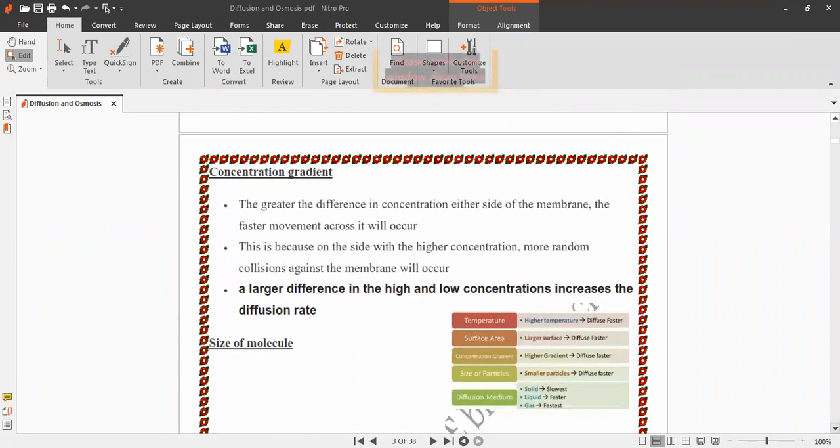The fourth factor here, concentration gradient. If the difference in concentration is greater, the rate of diffusion will also increase. So a larger difference between high and low concentration increases the diffusion rate.